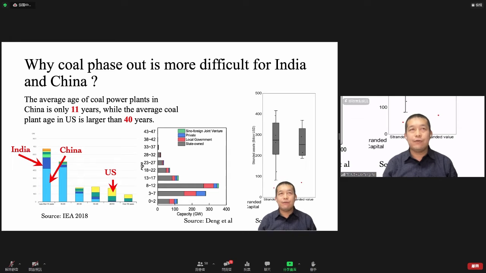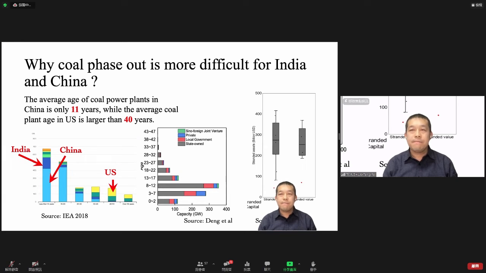For China, the average age is just 11 years. And for India, even younger, less than 10 years. So the average lifetime of the United States is about 47 years, it's very old. For China, about 22 years. And for India, less than 20 years.